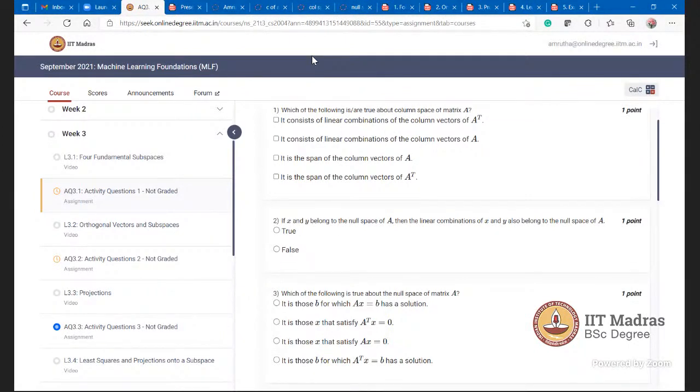Venu Madhav has raised his hand. Ma'am, I have a question, I can ask now. Yeah, you can ask now. Ma'am, it is written that the column space of a matrix is the linear combination of column vectors, right? What I see is a matrix is reduced to reduced row echelon form, and from there we see the number of pivot columns.